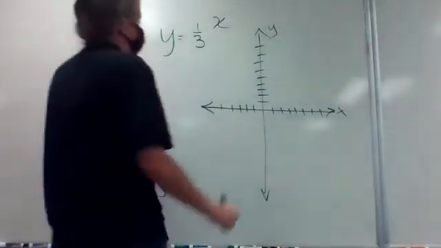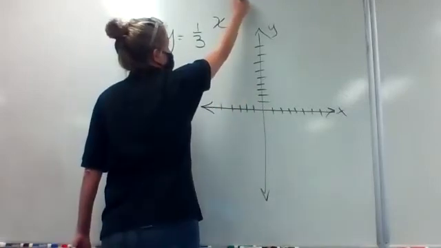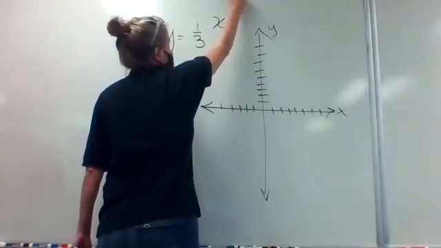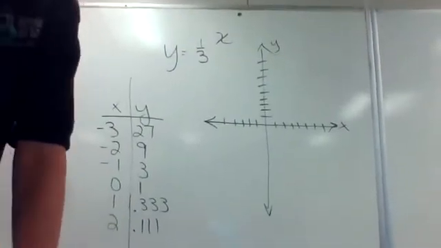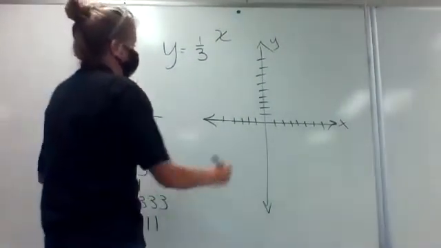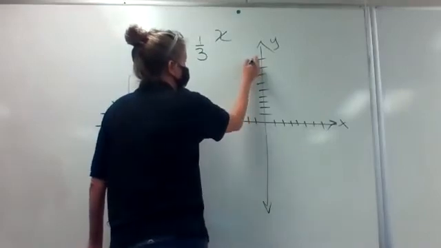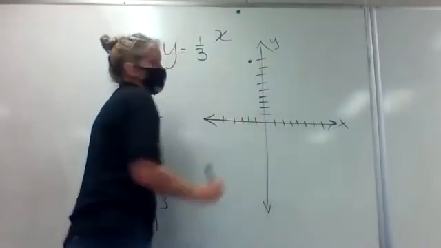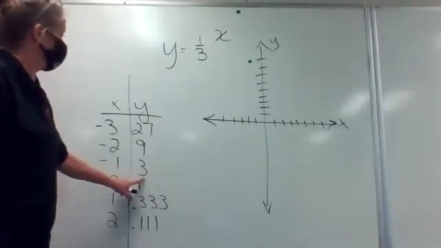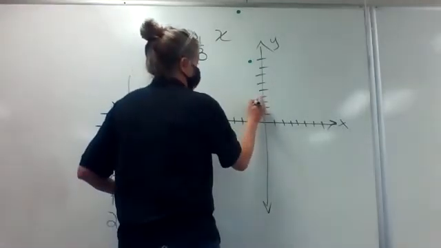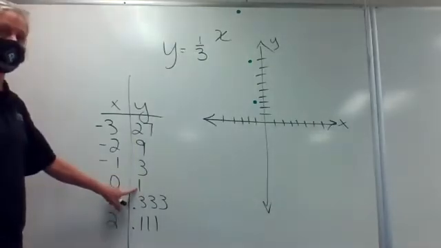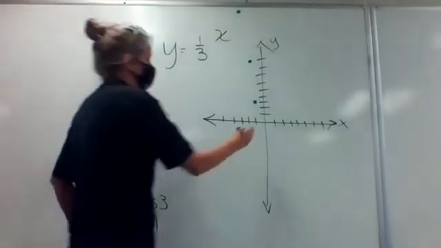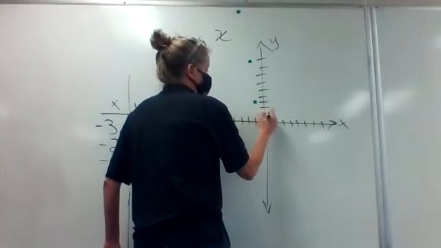Okay, so to the left 3, up 27. So it's somewhere way up here. To the left 2, up 9. To the left 1, up 3. Then 0, 1. So left and right 0, up 1.